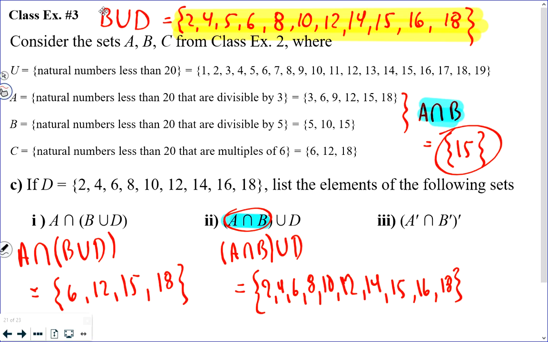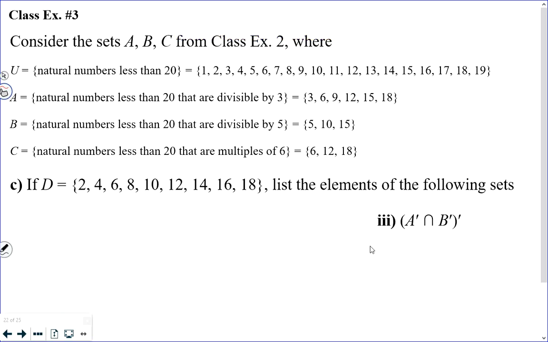Not A intersecting with not B, and we want not the whole thing. Oh my goodness. Well, I'm going to have to go to a new page for this. Okay, here we go. This is for part C, part 3. I think your best line of attack here, and with Venn diagrams you might be able to sort it out in a cleaner way, but that's for another day, I think we should write down what not A is, what the complement of A is.